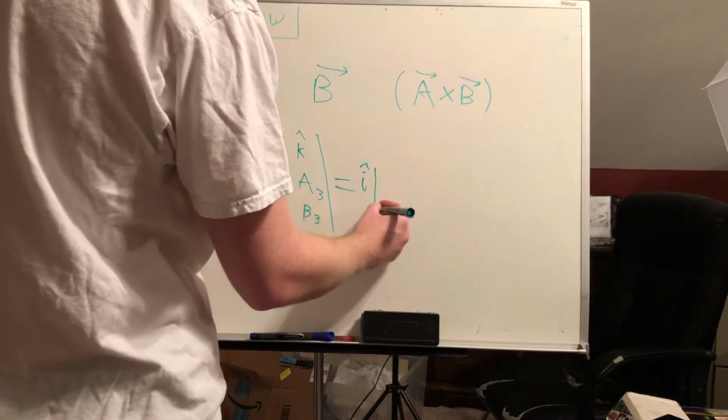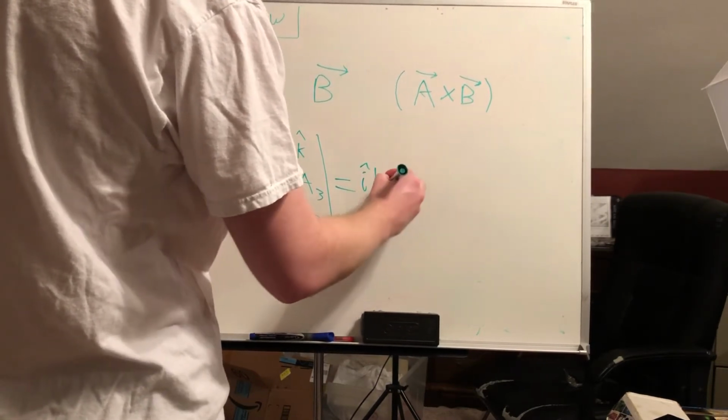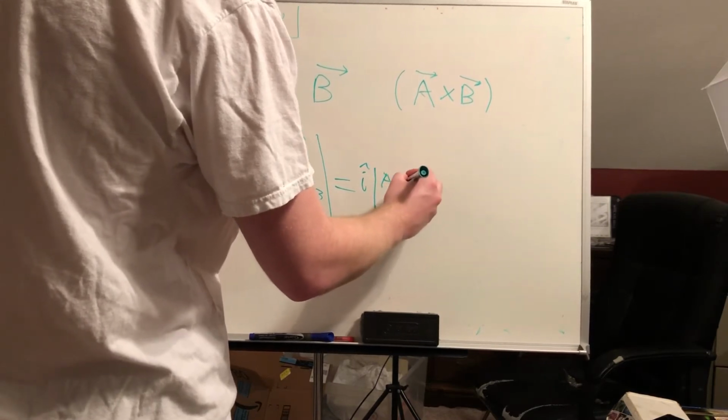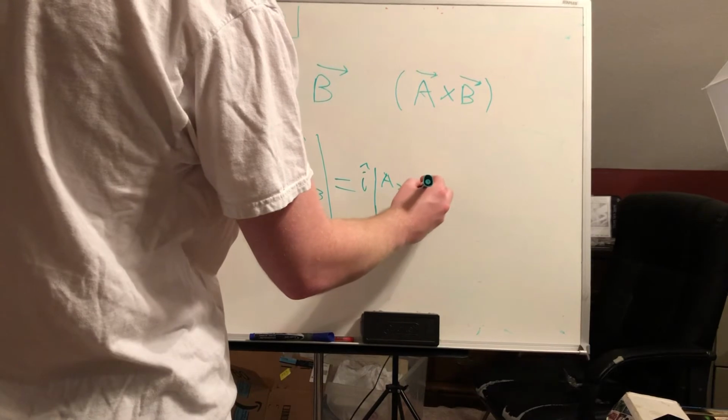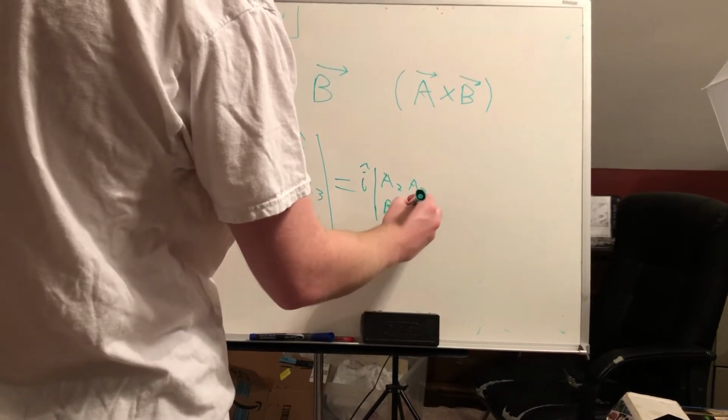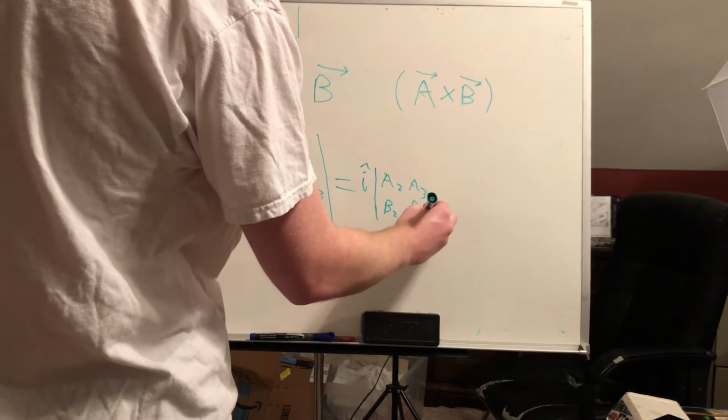I. Then we're just going to have two rows. It's going to be A2, A3 over B2, B3.